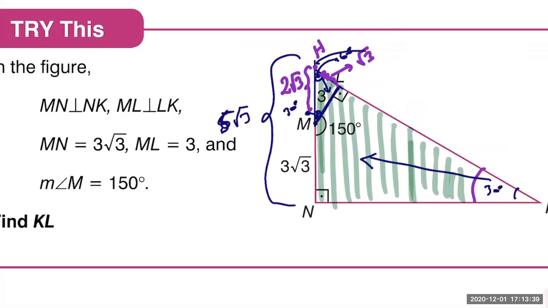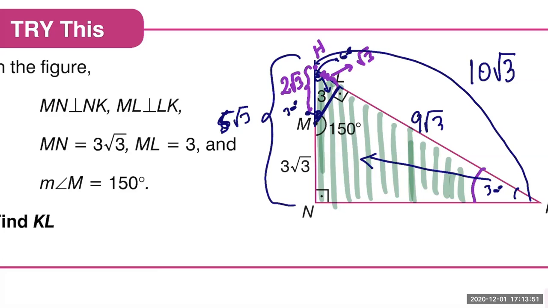What would the hypotenuse be? The hypotenuse is equal to 10 root 3. Then I am almost coming to your answer, what you just found. Yes, we just have to subtract root 3 because that's what we extended. That's another solution. Okay, great.